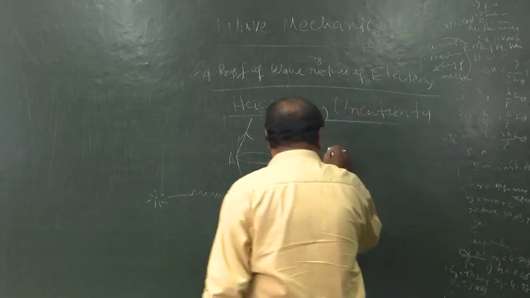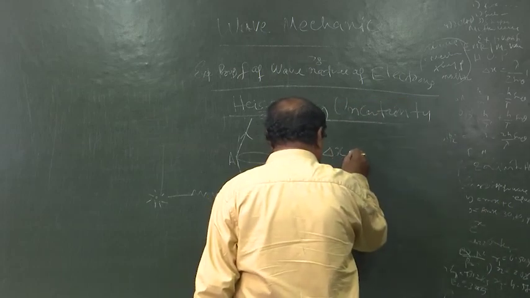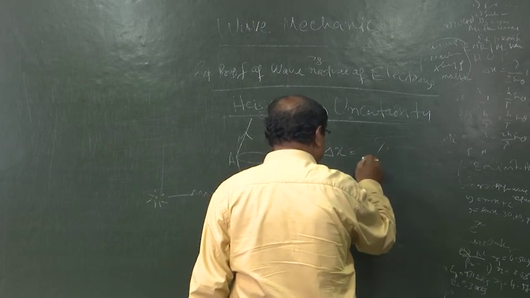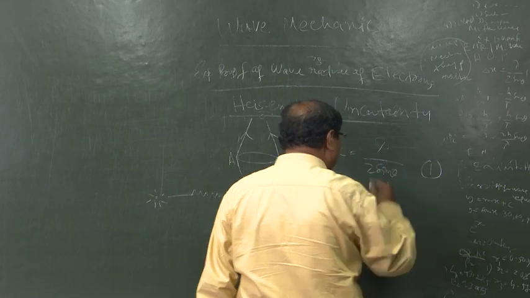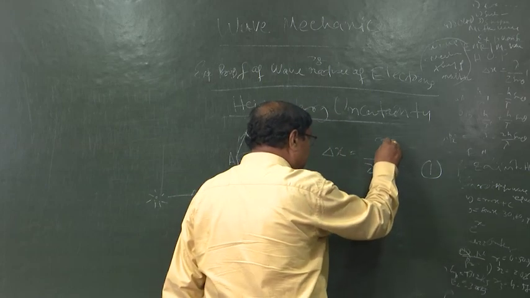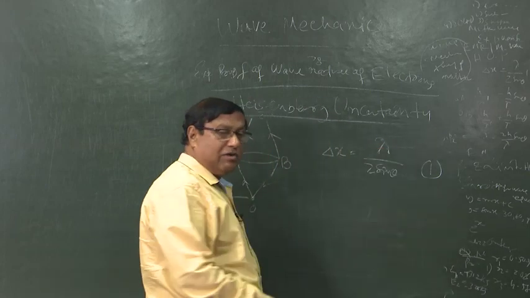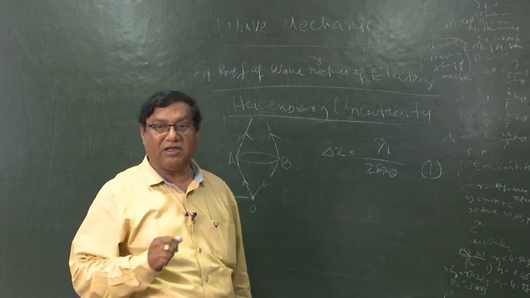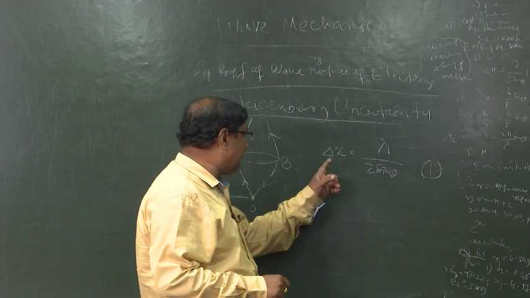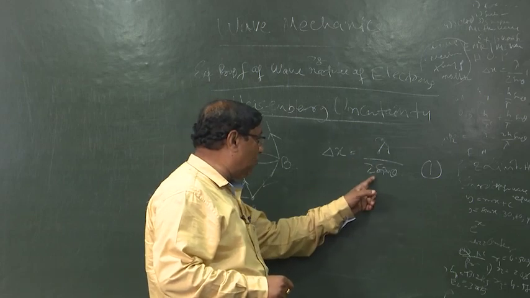So, the resolving power of the microscope is delta x equal to lambda by 2 sin theta. That means this is the minimum error while you determine the position through the microscope.